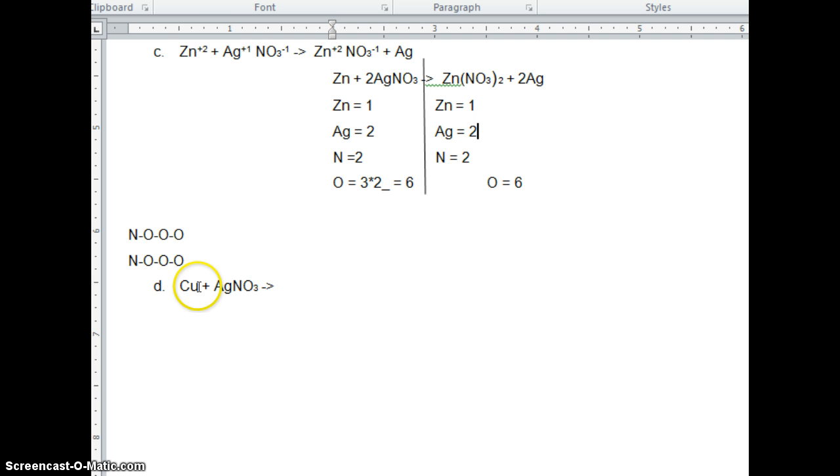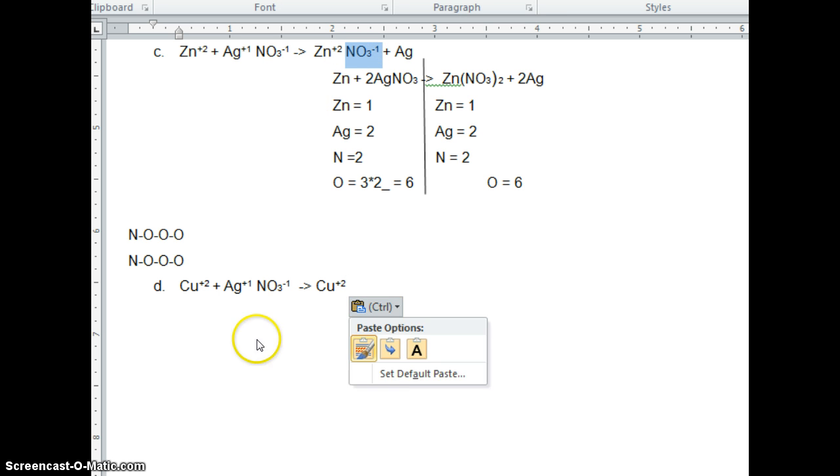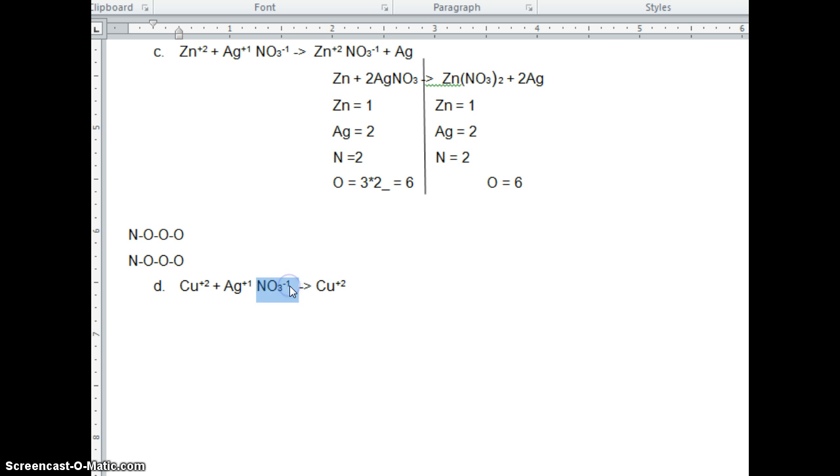So the last one, I have copper, and copper also has a charge of +2. Silver still has a charge of +1, and nitrate still has a charge of -1. So which one's the copper going to go with? The copper is going to go with the nitrate.